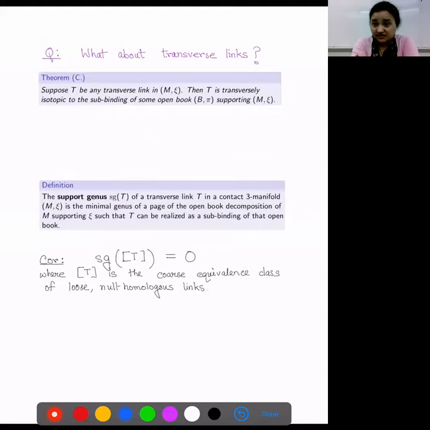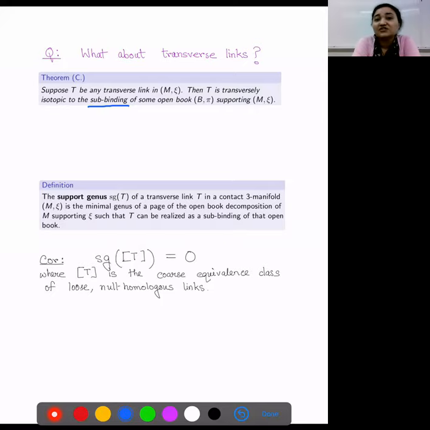So this theorem tells us that if we have a transverse link T in any contact 3-manifold, then T is transversely isotopic to the sub-binding of some open book which supports the contact structure. And here, by sub-binding, I mean that I can make the transverse link part of the binding.